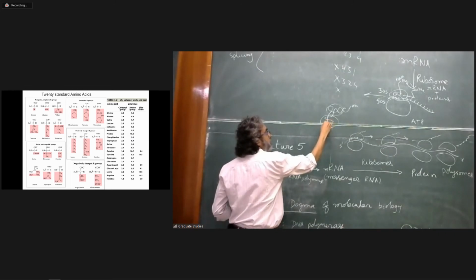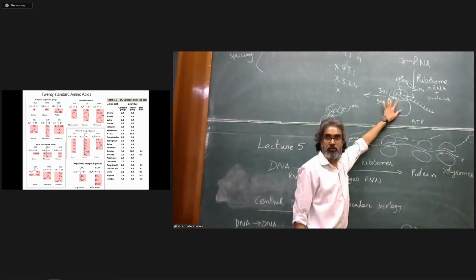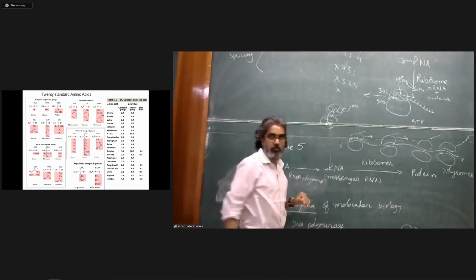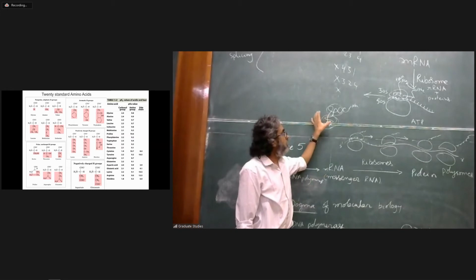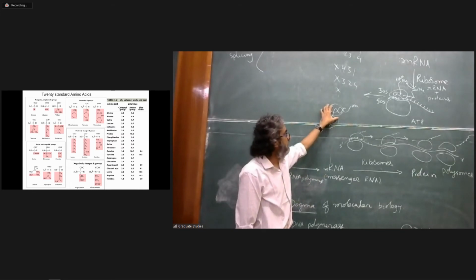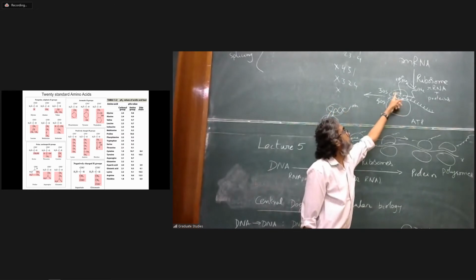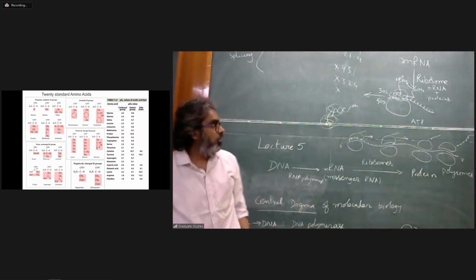No. Definitely this is complementary to this, absolutely complementary. But in the neighborhood, the sequences will be different, though they can't be so different that this will not bind. Finally, this needs to recognize not only this codon but also the ribosome.